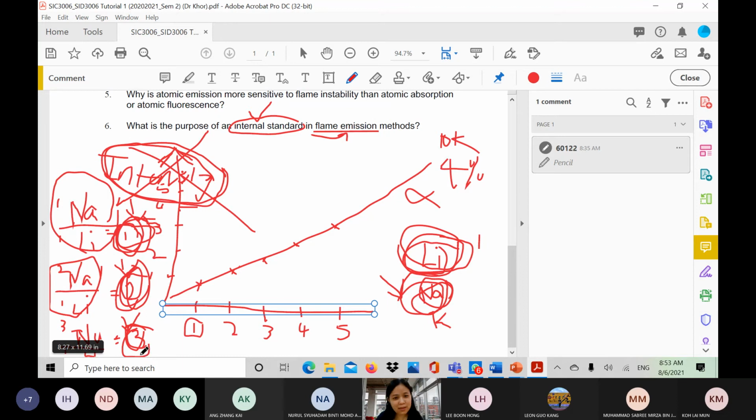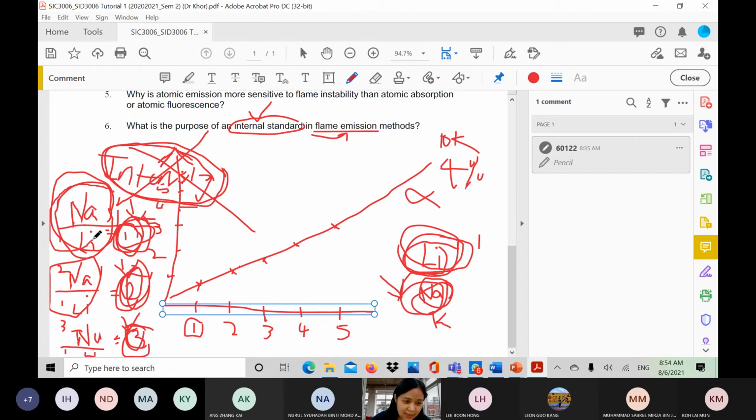Okay, so what information do we get from this study? This study tells us that in order not to be affected by the environment condition, instead of getting the absolute intensity for our target analyte, we should go for ratio intensity.